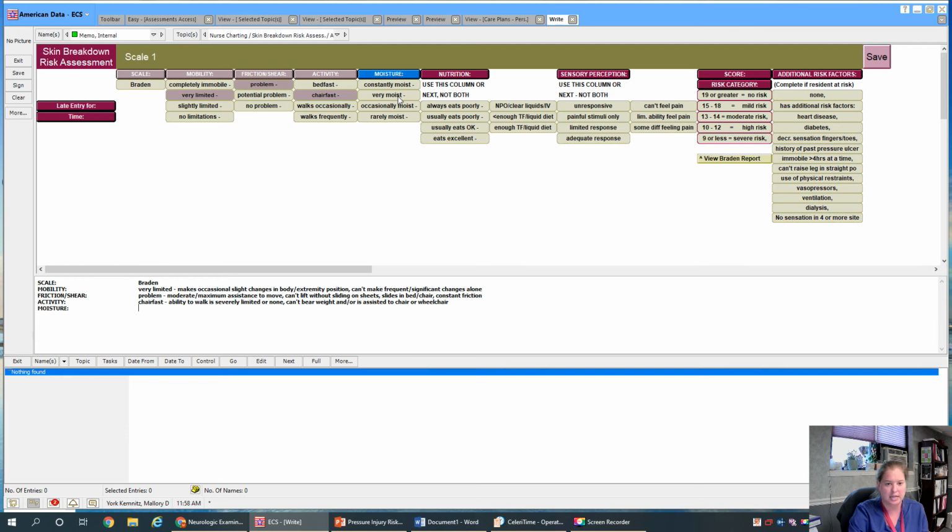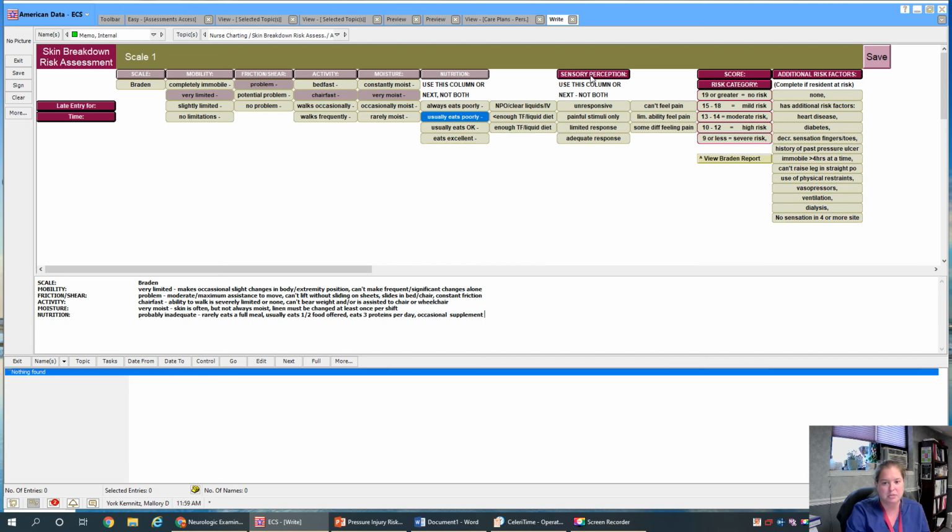Moisture, we looked at the level of incontinence, so skin is very moist. Nutrition, it looks like nutrition is not very adequate with all of those skipped meals. So we are going to go ahead and put that it's not adequate.